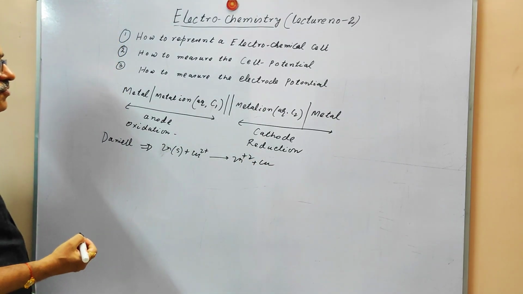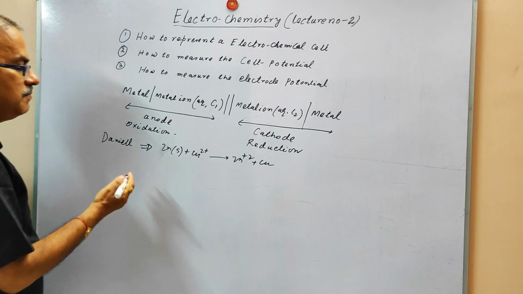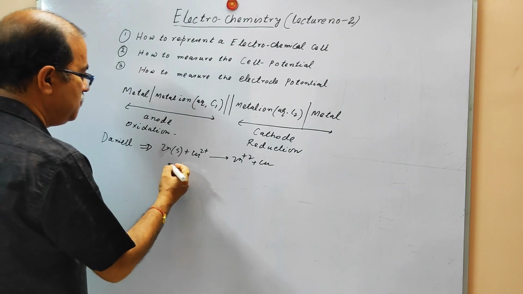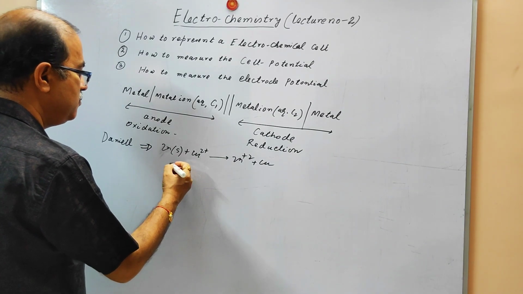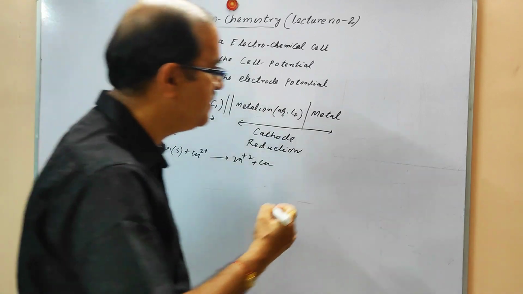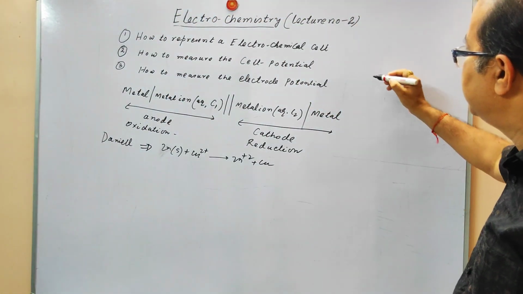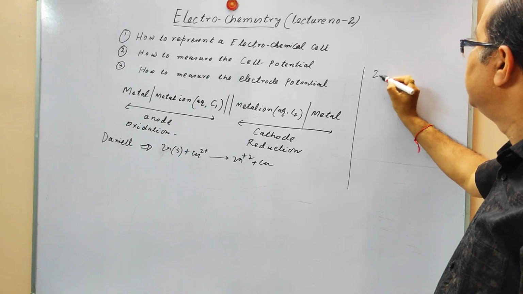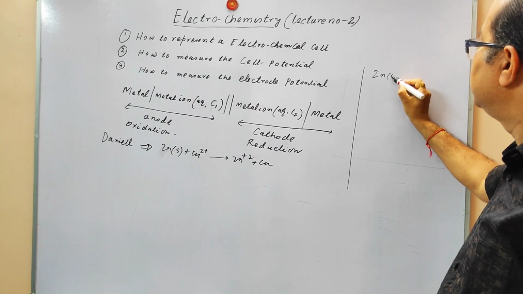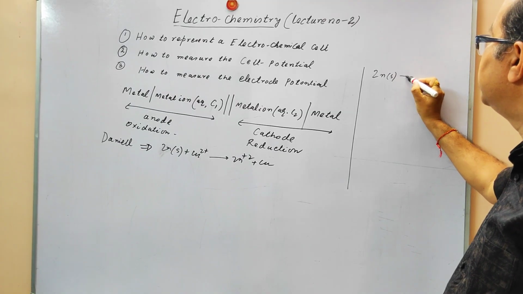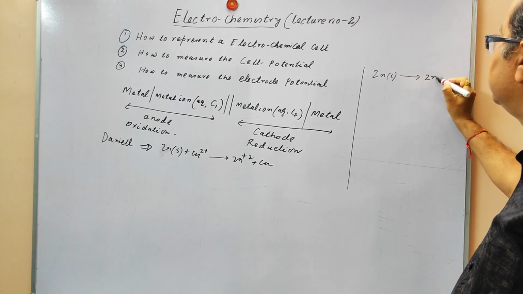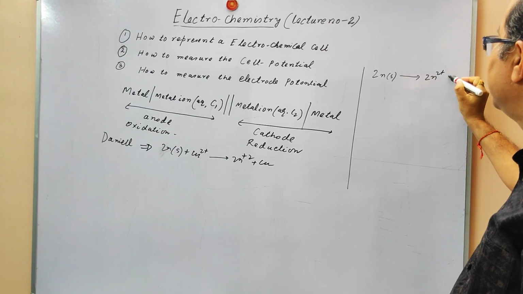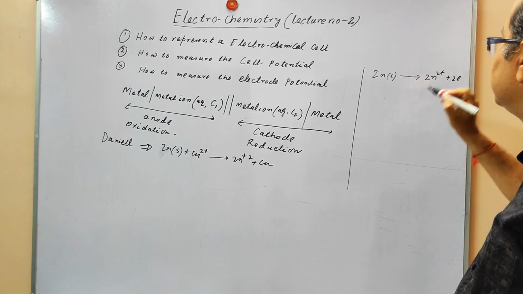This is the reaction going on, and this reaction can be split into two parts. One is the anode reaction, the oxidation reaction. The zinc is oxidized into the zinc ion and liberates 2 electrons.